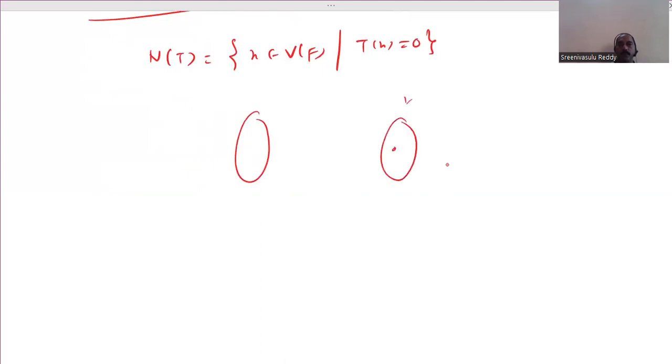Here 0 is there because it is a vector space, right side also 0 is there. The 0 is mapping to 0 as per hypothesis.